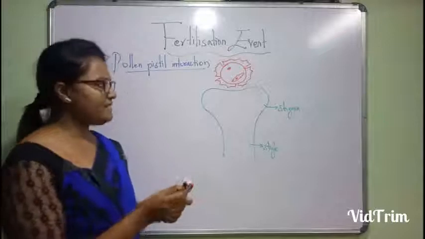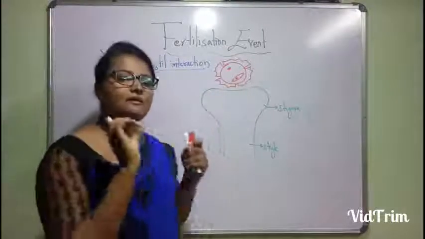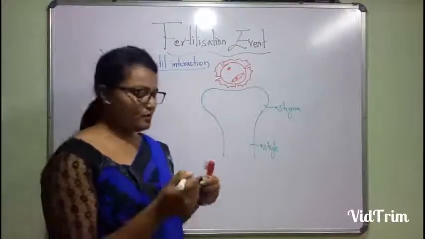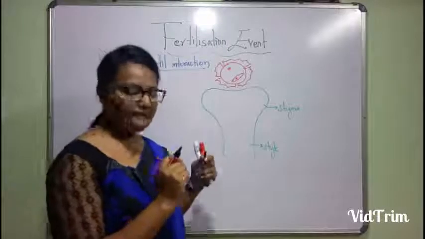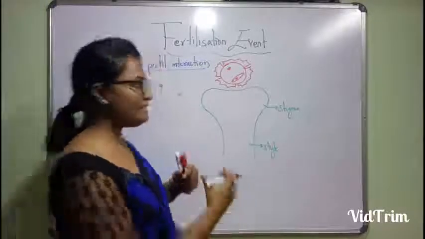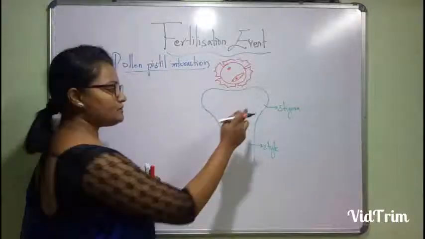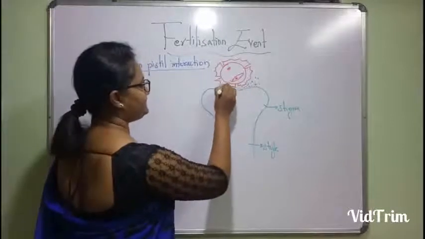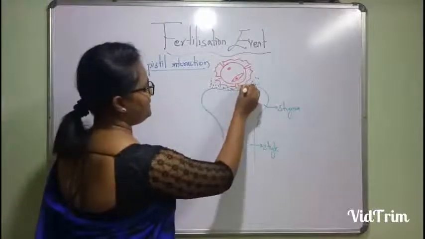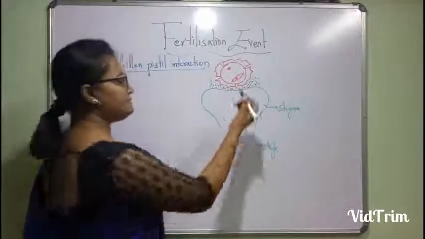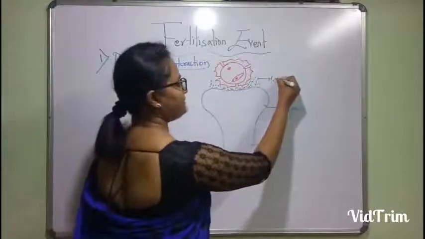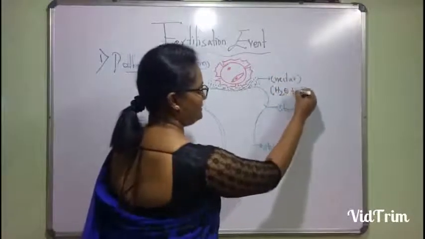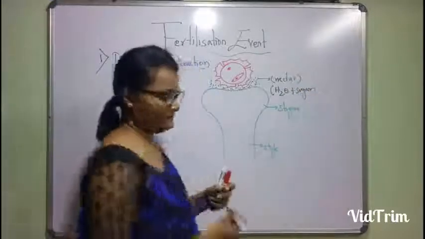Now just imagine this pollen grain is the proper type, of that pistil species only. They interact and recognize each other. After recognition, what happens? The stigma produces chemicals, or some secretions, on top of that landing surface. Sometimes this secretion is also called nectar. Mostly it is made up of water and sugar.